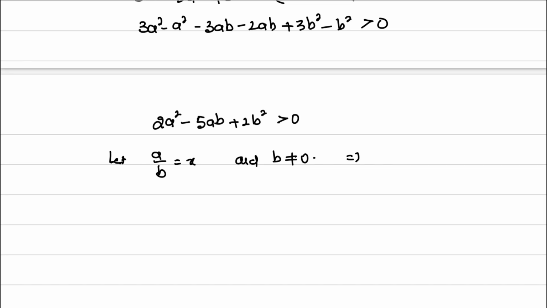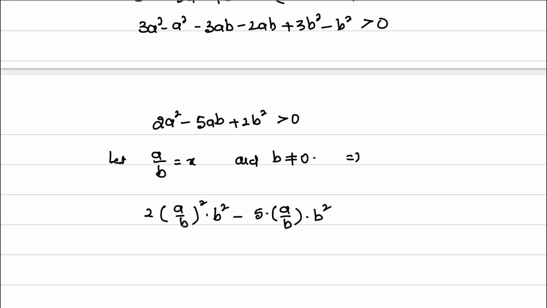Then it is simplified as 2 into a by b whole square into b square, because 2a square I am writing as a by b whole square into b square, minus 5 into a by b into b square.